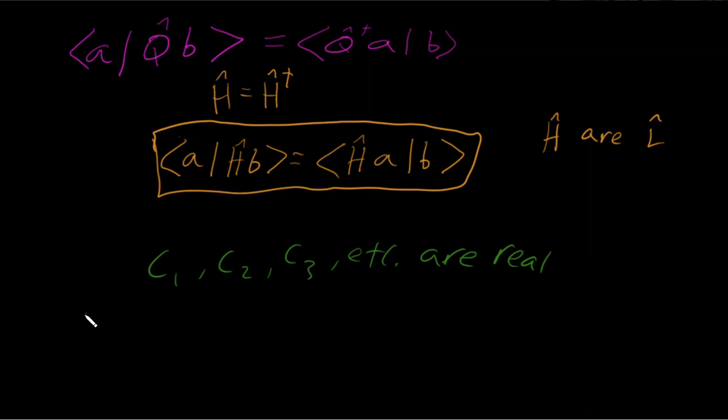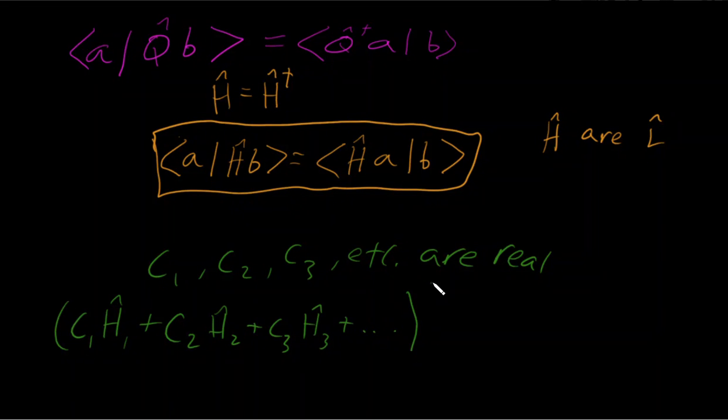Right? If I take a linear combination of Hermitian operators, C1 times H1 hat plus C2 times H2 hat plus C3 times H3 hat plus dot dot dot, right? And if I take the Hermitian conjugate of this, well, think about the Hermitian conjugate, right? The Hermitian conjugate of a sum is a sum of the Hermitian conjugates, right?